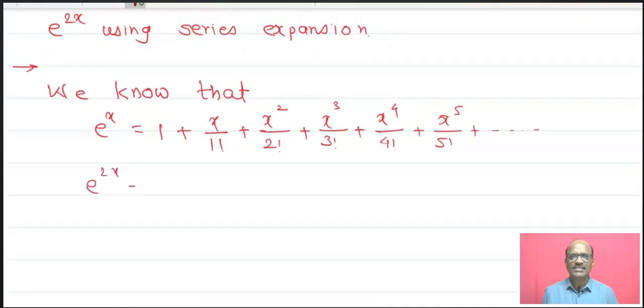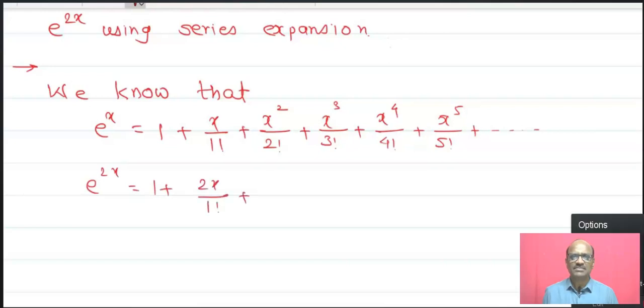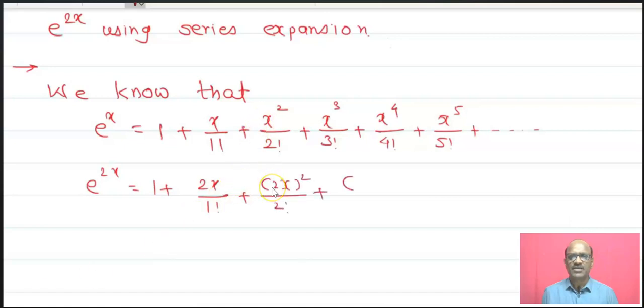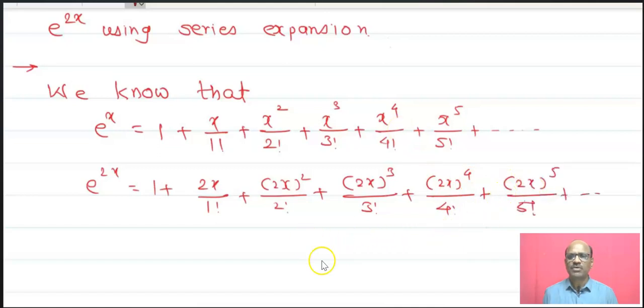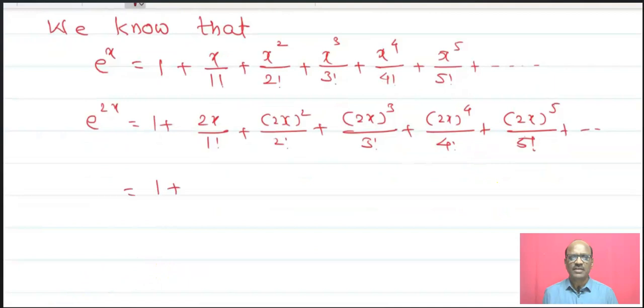Therefore, x is replaced by 2x. Now see this here. That is, x is replaced by 2x: (2x)^3/3!, (2x)^4/4!, (2x)^5/5!.